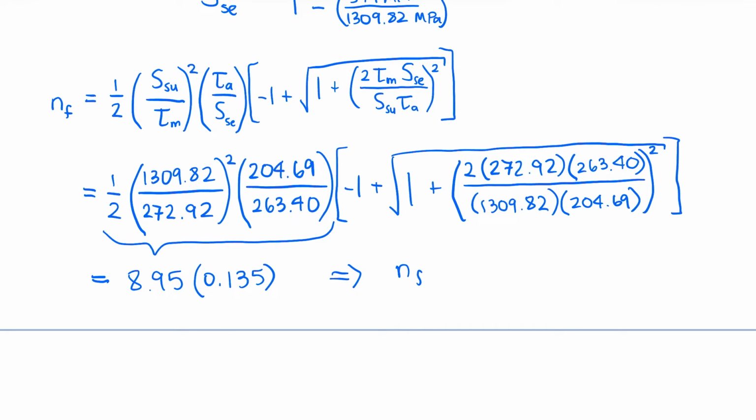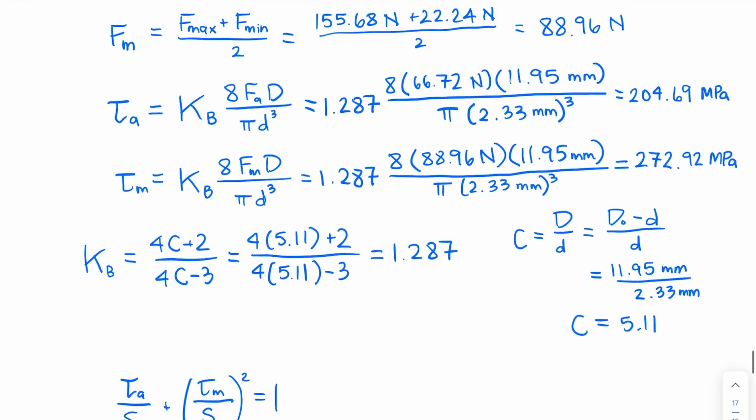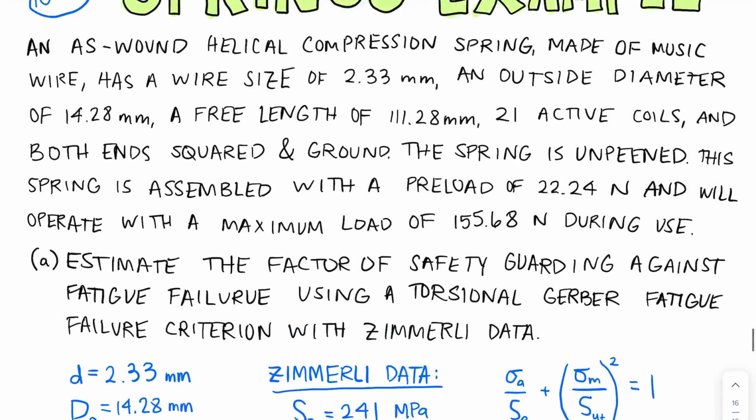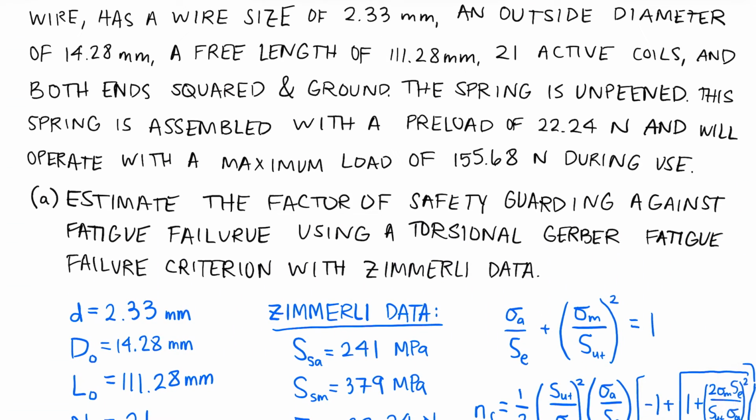So finally, my safety factor is 1.21. This is my safety factor for infinite life using Goodman criteria, torsional Gerber failure criteria, with Zimmerli data.